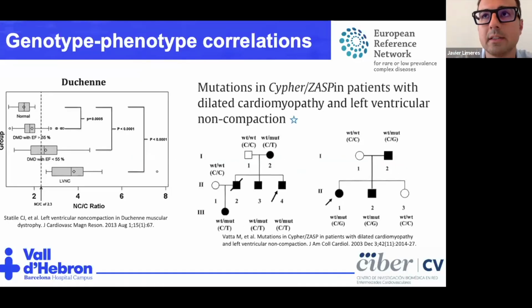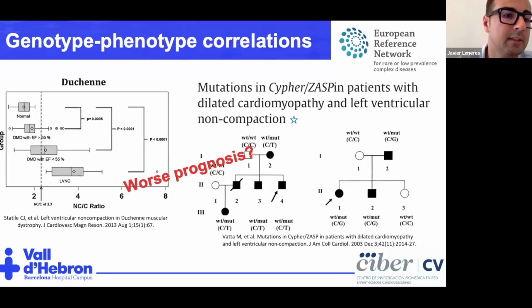And you know that non-compaction for many years has been related to muscle disease and neurological disorders. When we find this kind of mutation or variant in these patients, the patient has a worse prognosis.